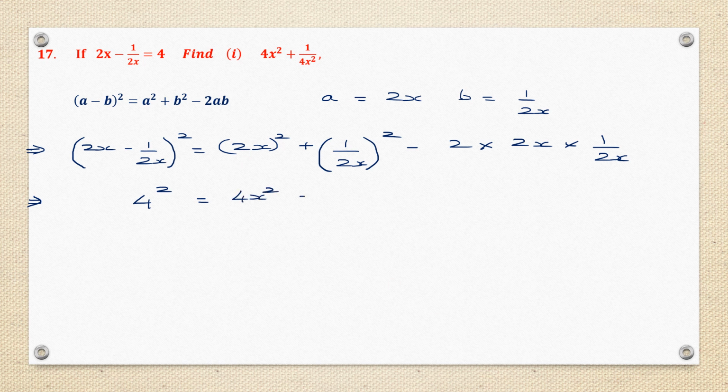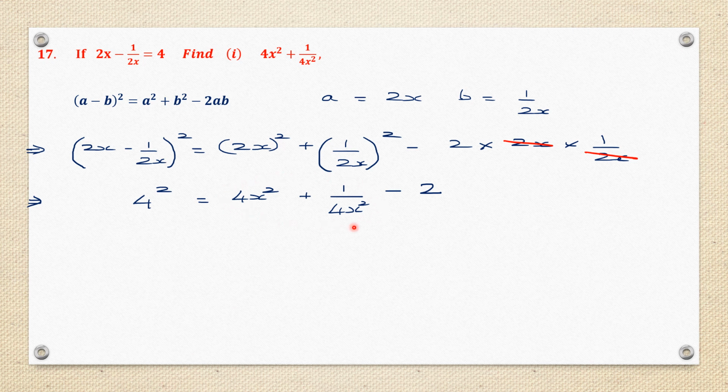Now similarly here, 1 by 2x the whole square. 1 square will be 1 itself. And (2x) square will be 2 2s are 4 x square. Minus. Now here let's look at these and see if we can cancel something. I can cancel 2x and 2x. So let's cancel that. We have only 2 left. So that is minus 2. So here, this is what we need to find out.